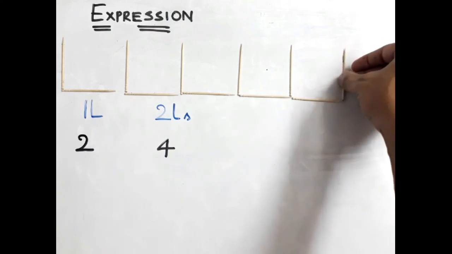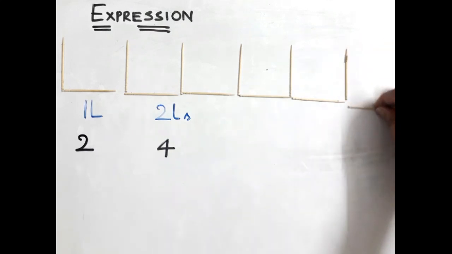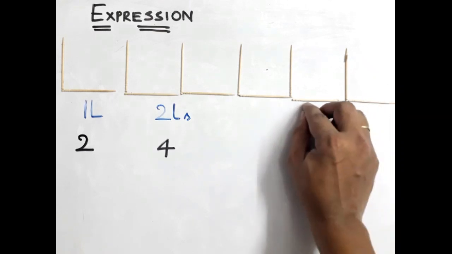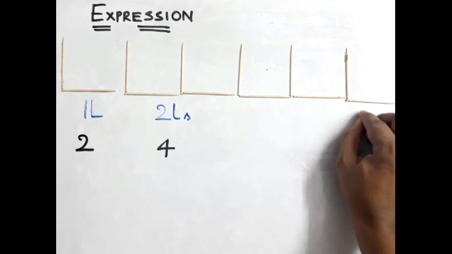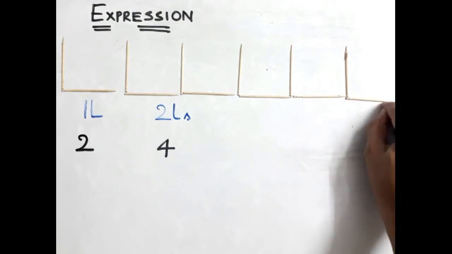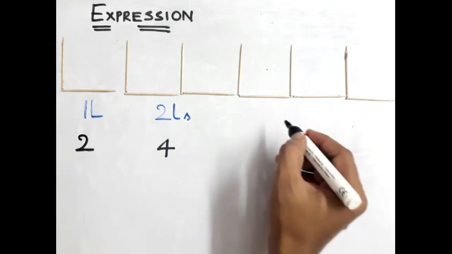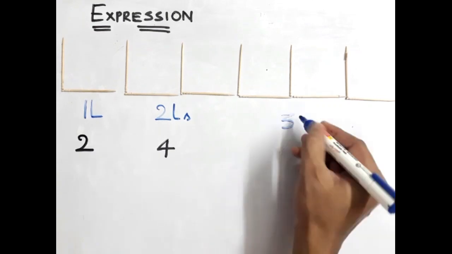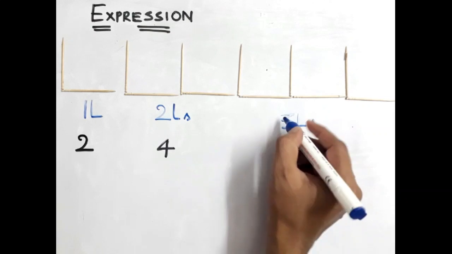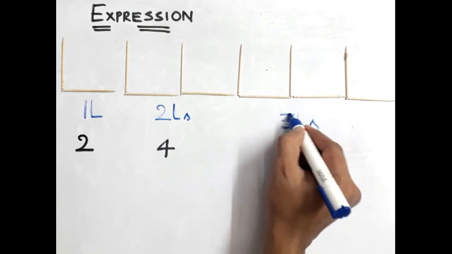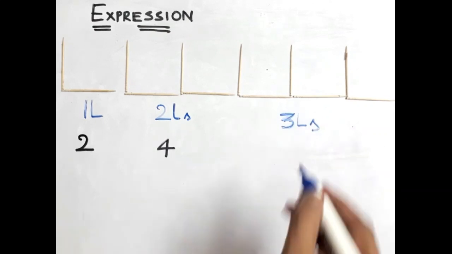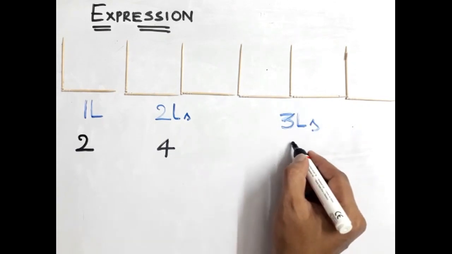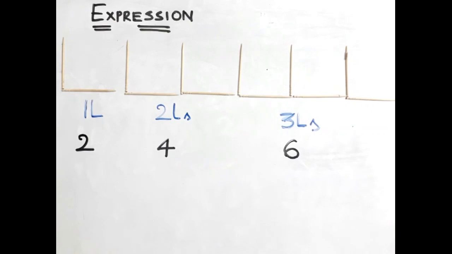So in total, how many toothpicks were needed? We can clearly say, in order to make 3 L's, the number of toothpicks required is 6.